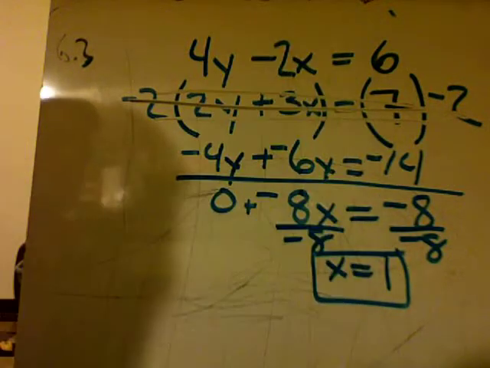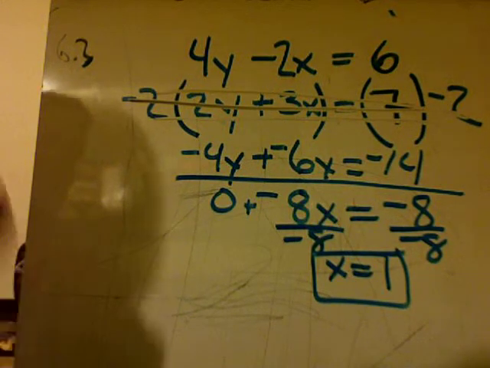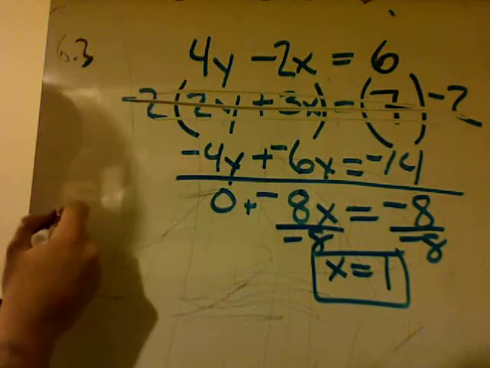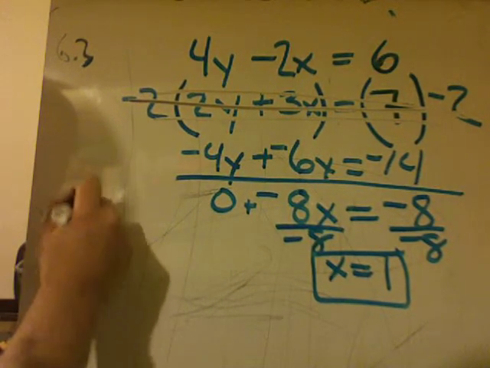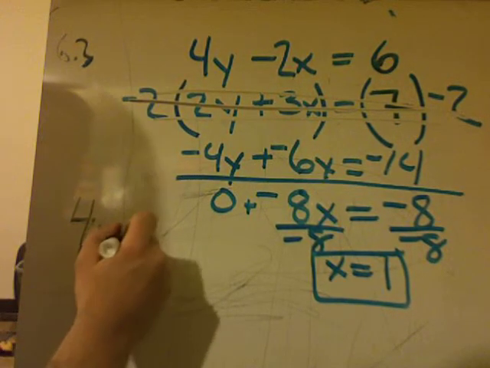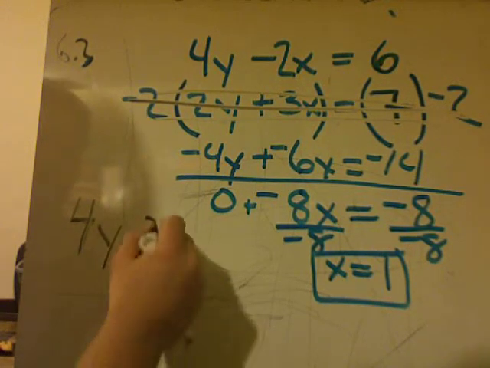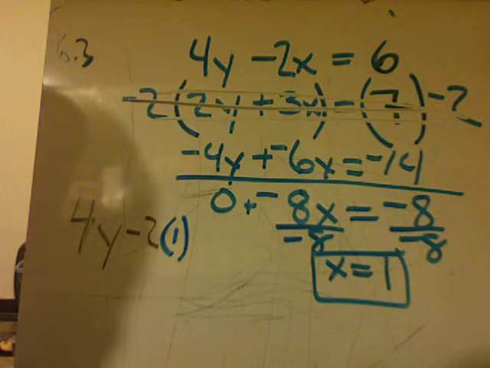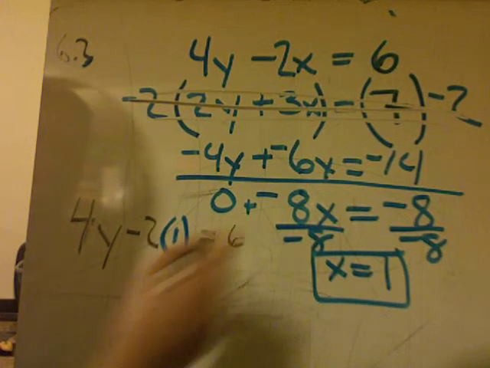Well, I can just take one of these equations and plug in 1 for x. So I've got 4y minus 2 times 1 equals 6.